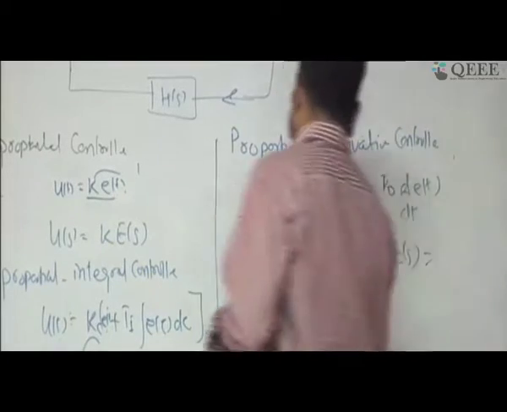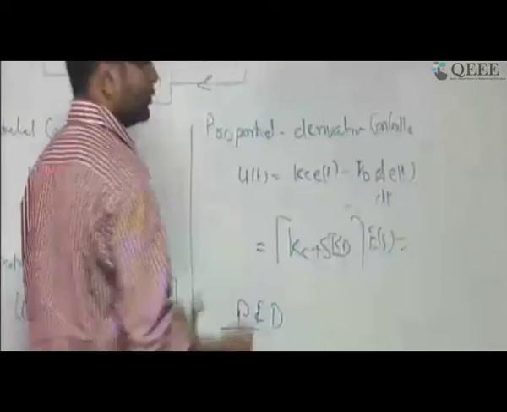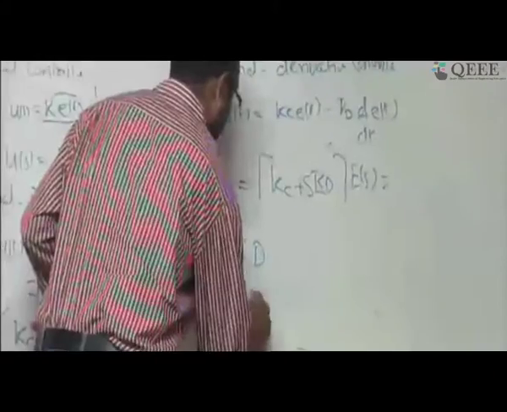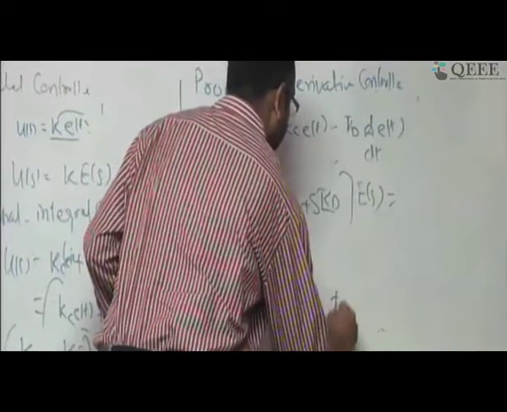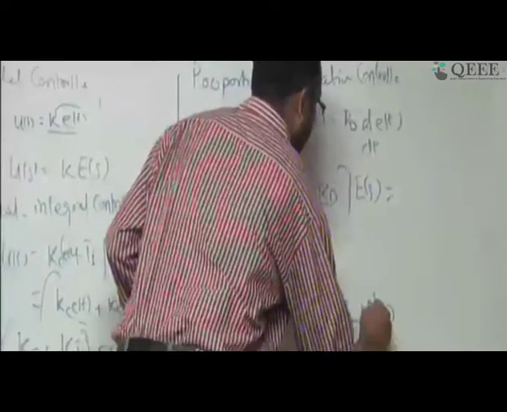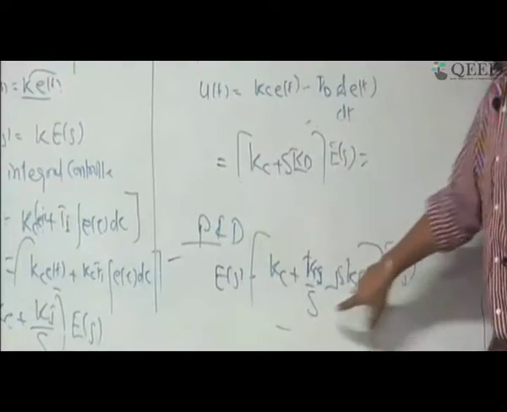Now people have also talked about PID, which means proportional plus integral plus derivative term. In this case, your controller will be Kc plus Ki by s plus Kd into s, times E(s). Okay, there is a proportional, integral, derivative.